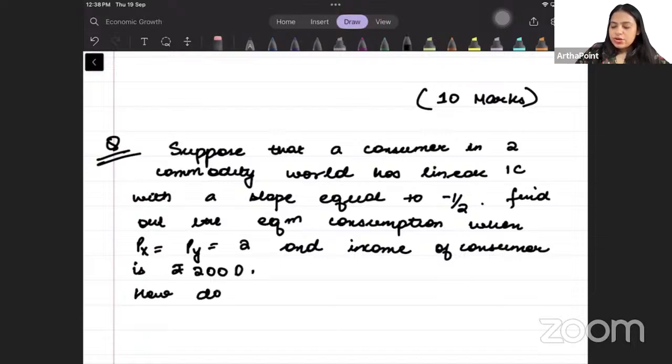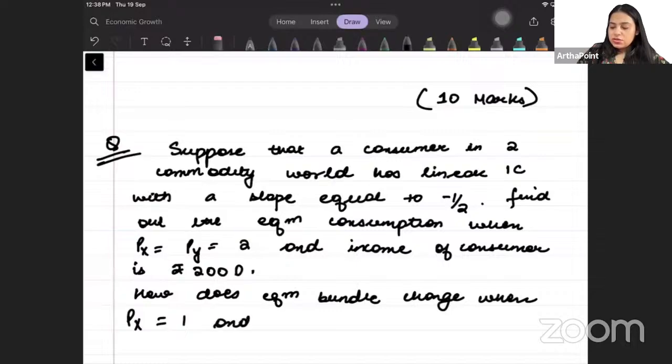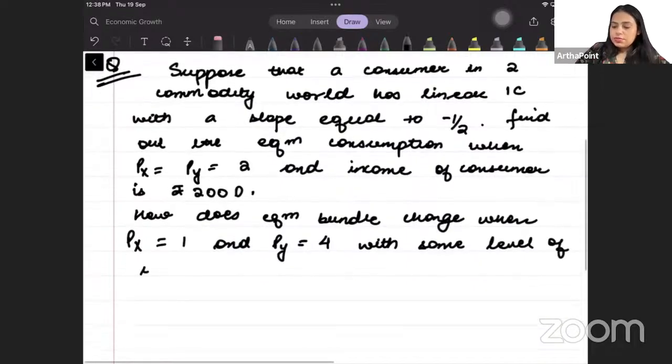How does equilibrium bundle change when Px is equal to 1, Py is equal to 4 with same level of income.